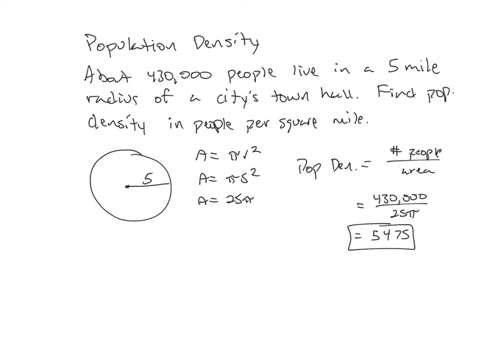All right, so just like the other one, you can still use this formula, but when we were finding the people per square mile, we divided. You could have it asked the other way around.